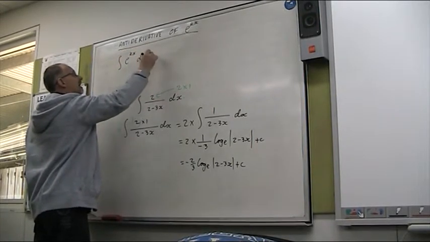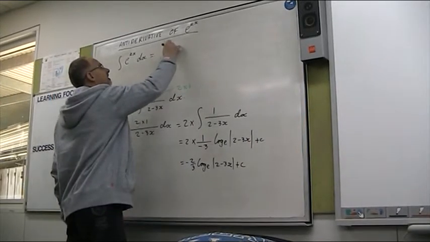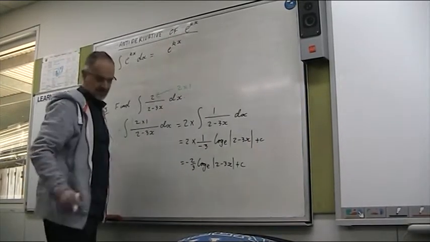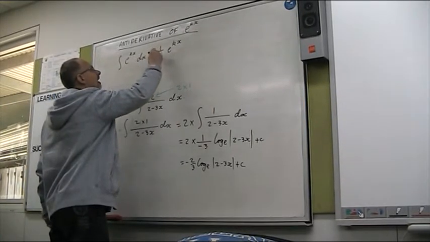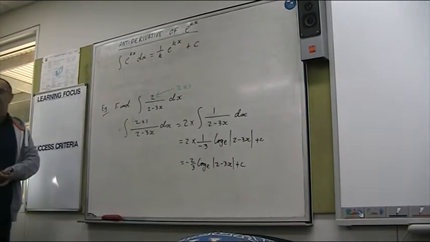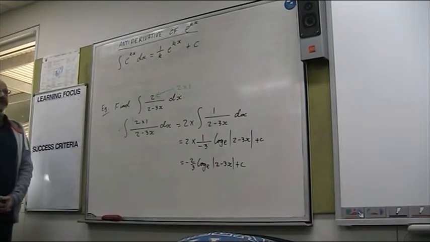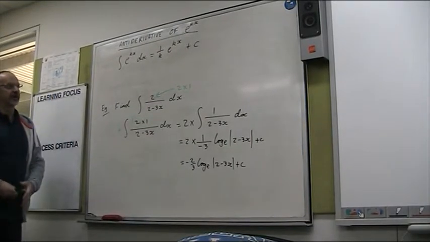So the opposite to that, when we anti-differentiate, is still e to the kx, but 1 over k at the front.